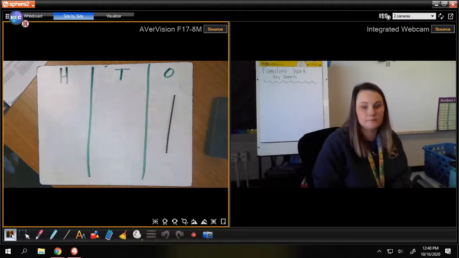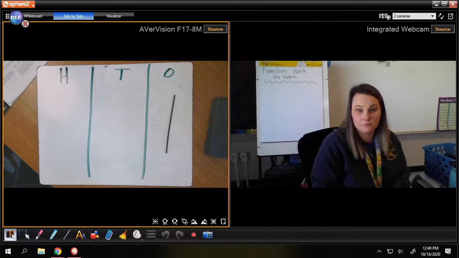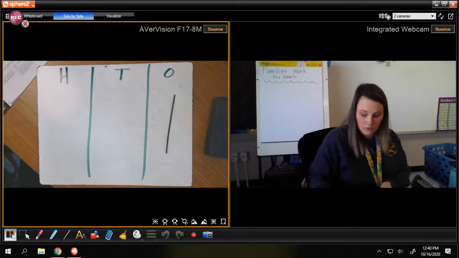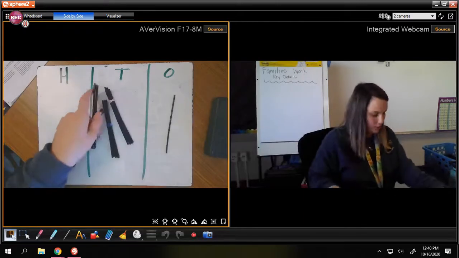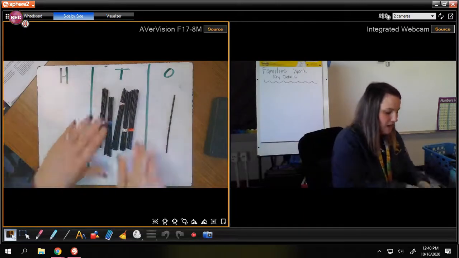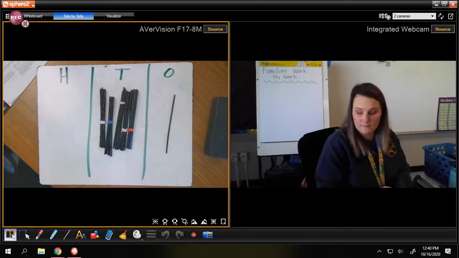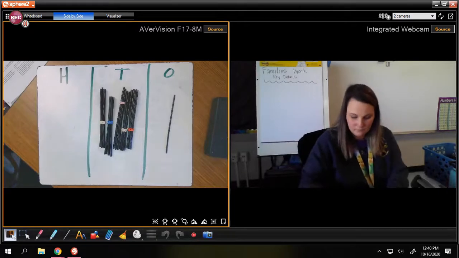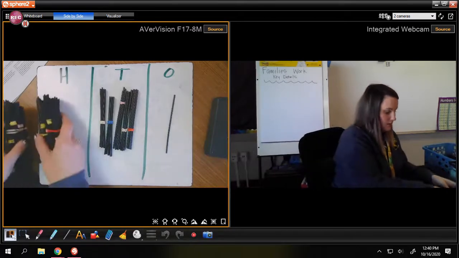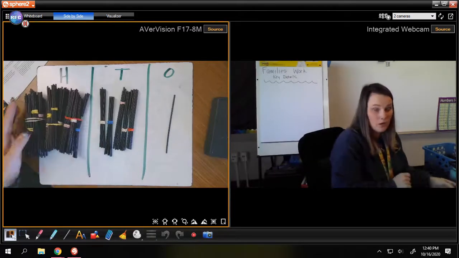So everybody draw 1 one. And now we have 5 tens. 1, 2, 3, 4, 5. Right, 5 tens.